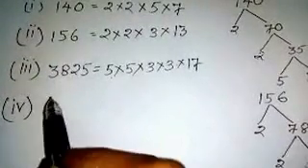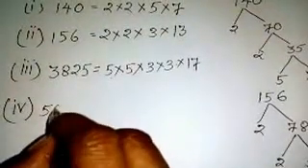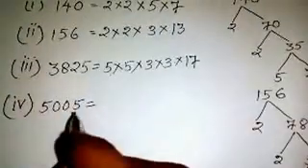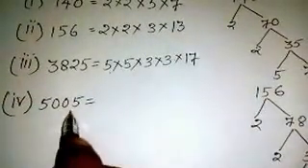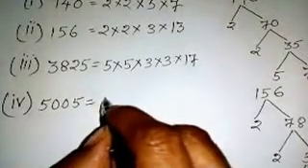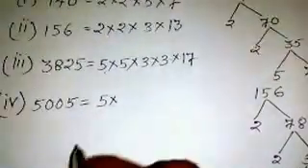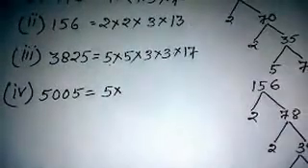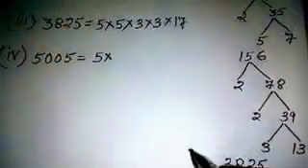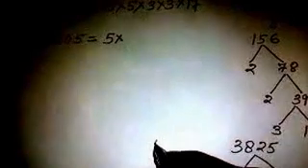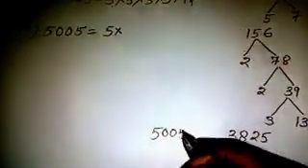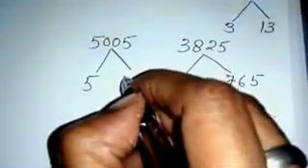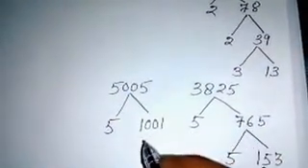Next number is 5005. This is divisible by 5 as it is ending with 5. So the first prime factor will be 5. When we divide 5005 by 5, we get 1001.